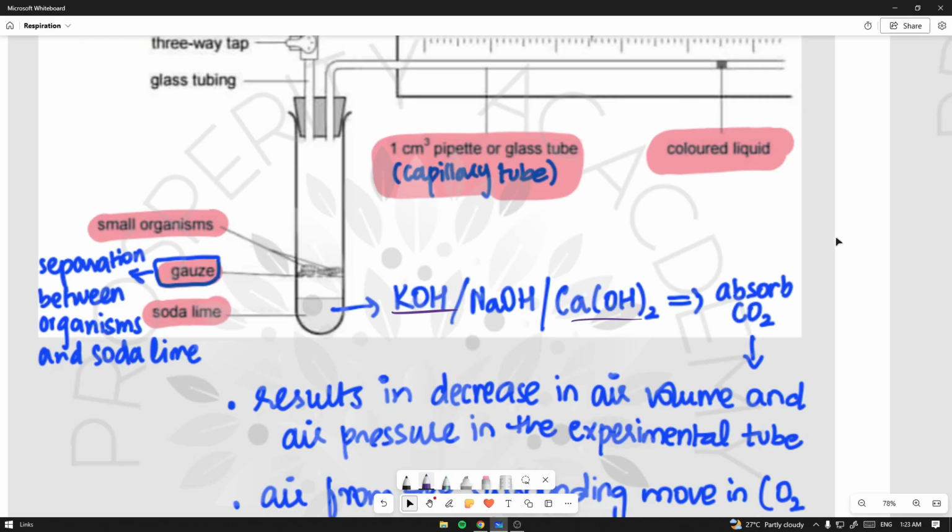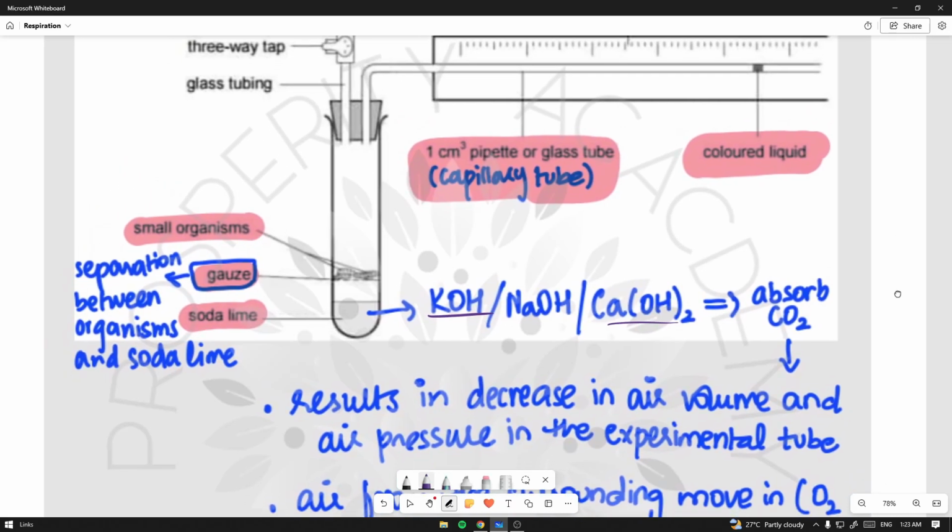Now, let's discuss how all of these work together, right? Now, the respiring organism is gonna use oxygen and produce carbon dioxide. If you look closely, the ratio is 1:1, meaning the pressure is gonna be unaffected. Like, there won't be any pressure changes in the tube, right?